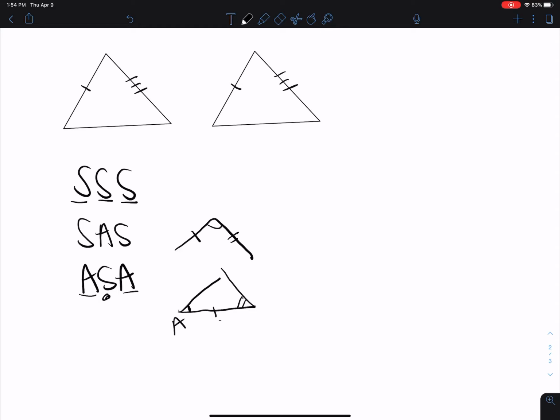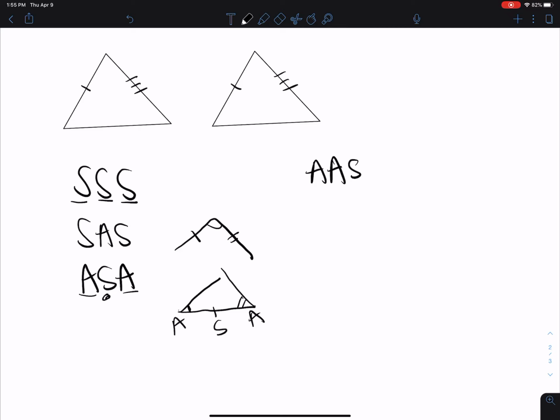So it's angle, side, angle. That's what we're looking for, that pattern. It doesn't matter if you have other pieces marked as long as you have an angle and another angle and then the side is in between them. That's angle, side, angle.